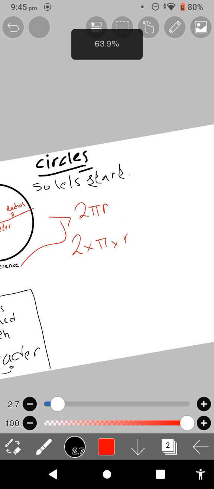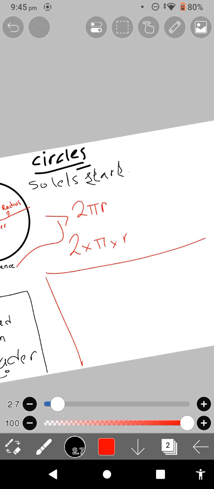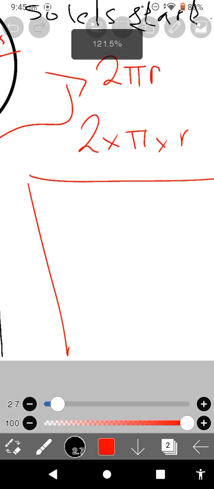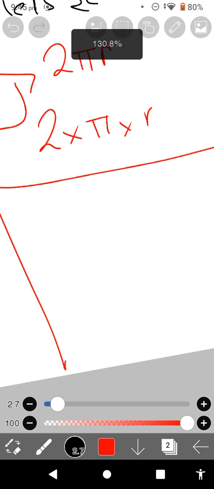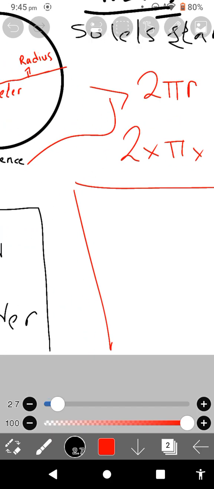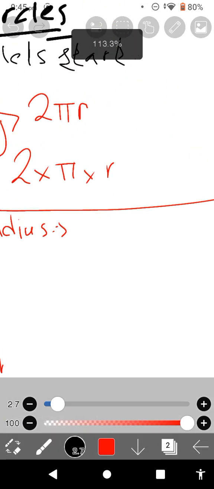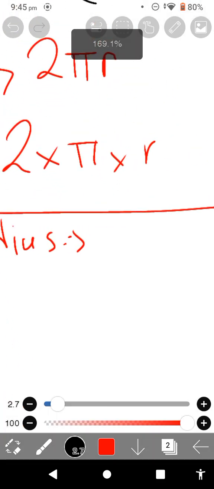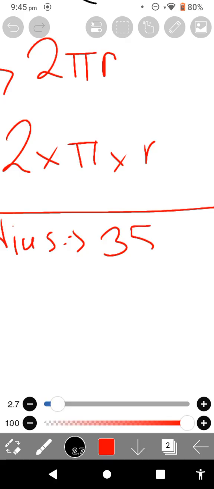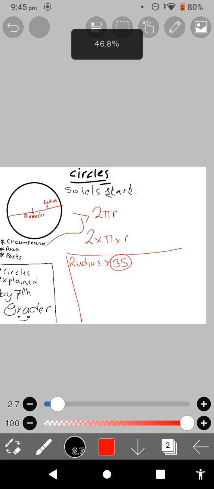Let's take a problem here. Let's assume the radius is 35. Let's take an easy question.